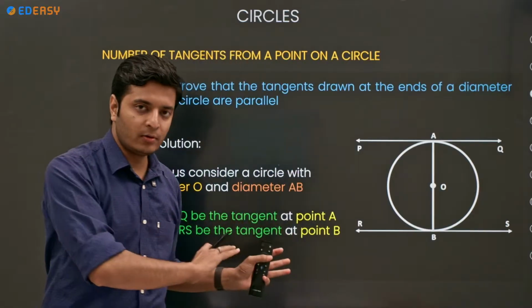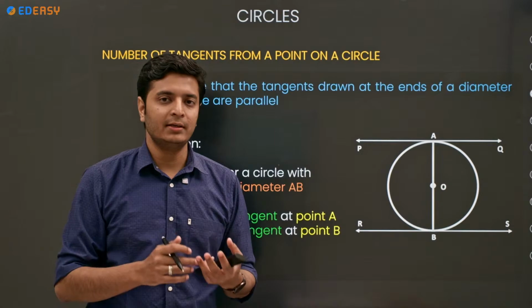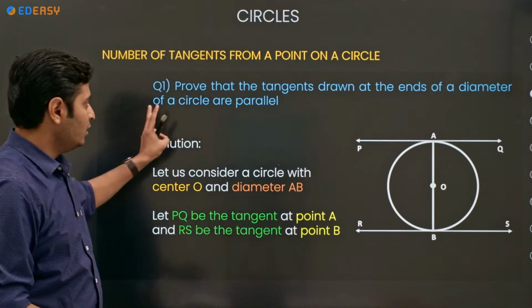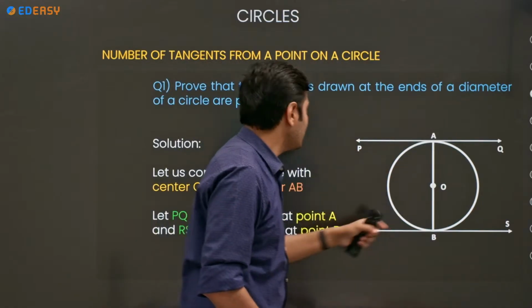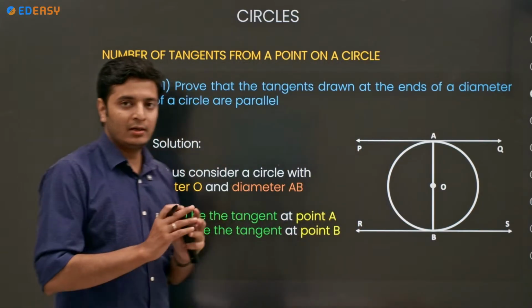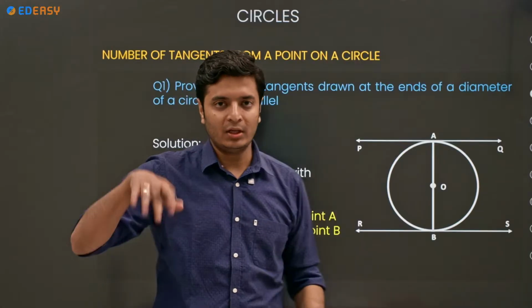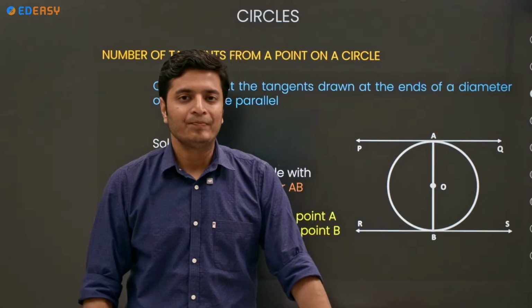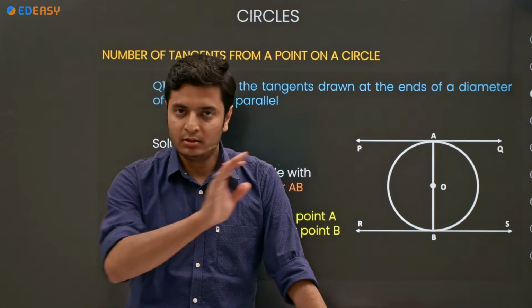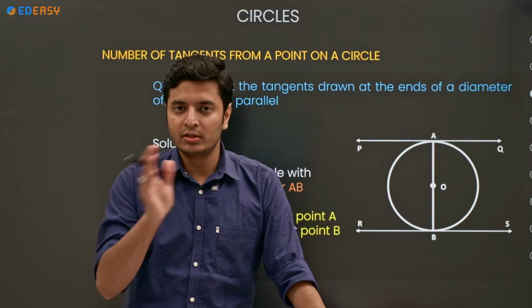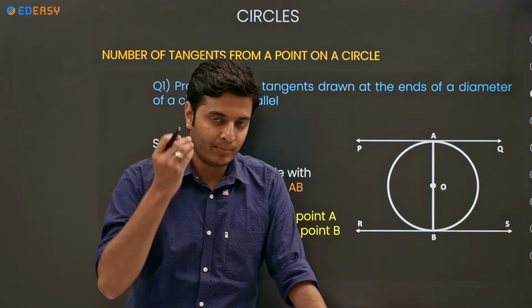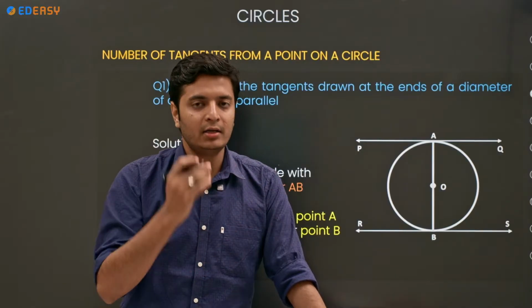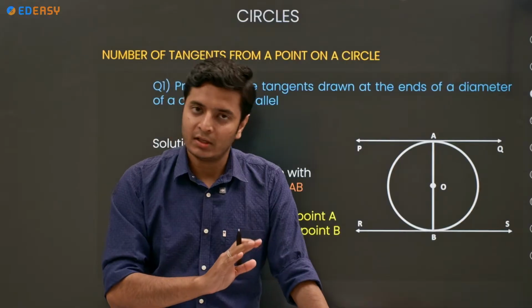So this is a proof also, but we need to understand how to prove this. Prove that the tangents drawn at the ends of a diameter of a circle are parallel. So in one of the slides, I told you that if a tangent is there on a circle, then there is only one line possible which is parallel to that tangent and is also tangent itself, correct?